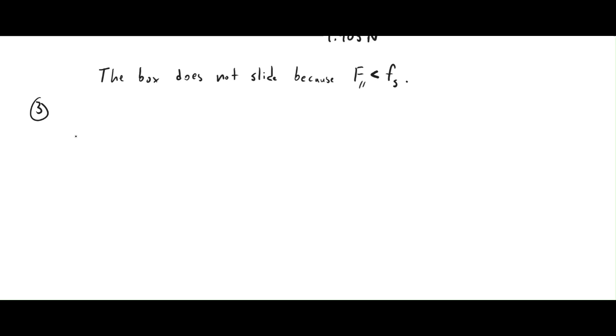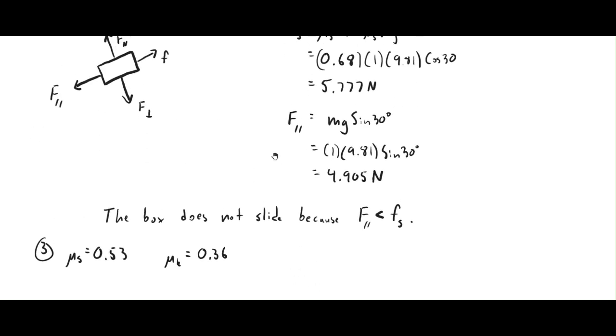Now we have the copper box sitting on steel. This time our static coefficient is only 0.53, while our kinetic coefficient of friction is less at 0.36. The setup is identical to above, except we've changed the material.